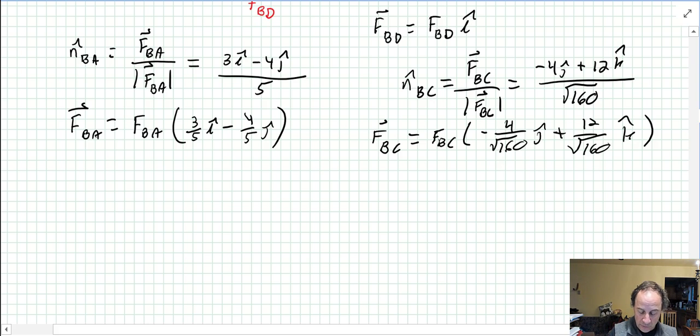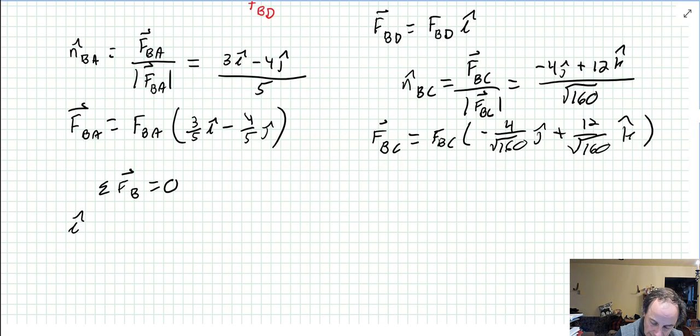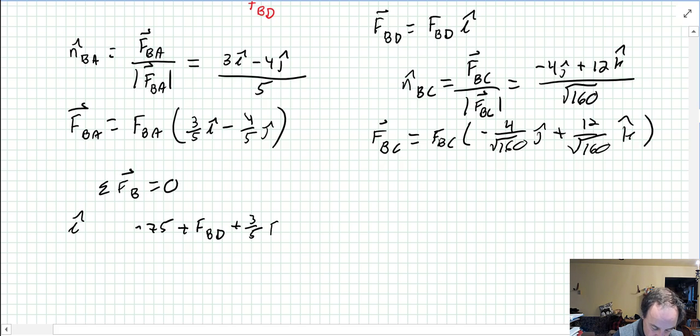So now we're going to do a force summation. The sum of the forces at B in each direction must equal 0. So we're going to go through each direction. In the I direction, I'm taking all the I components from all of the forces that intersect at that point. All those forces must sum to 0 in each direction. So I have minus 75 plus FBD plus 3/5 FBA all equals 0.